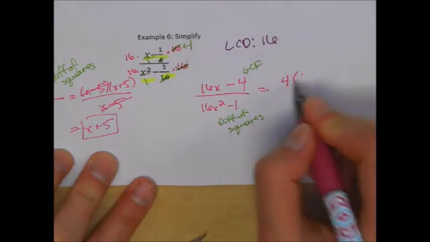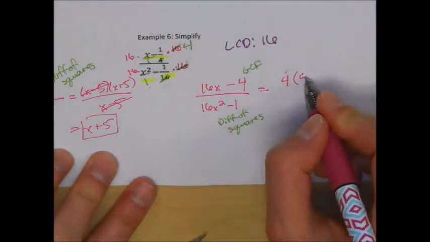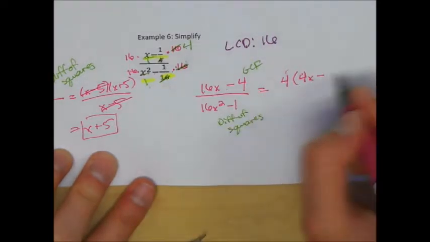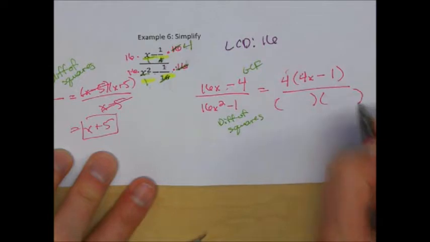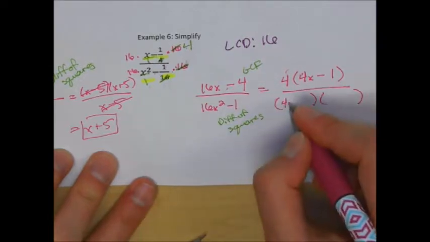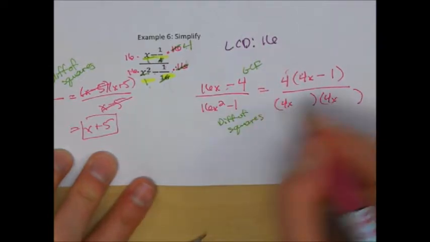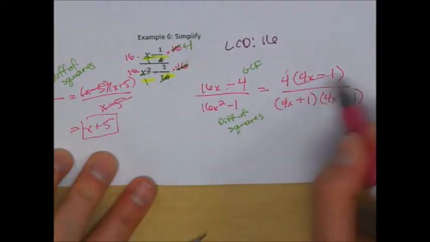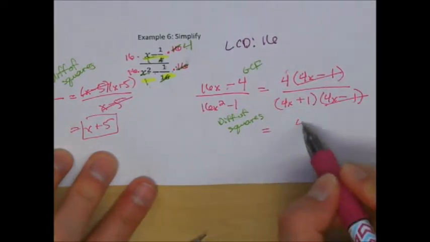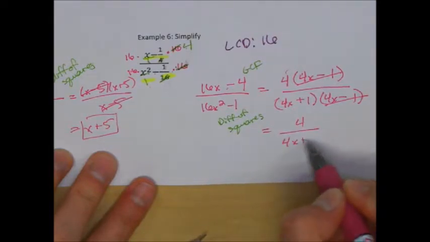So I'm going to get 4x minus 4 divided by 4 is 1. Difference of squares. Square root of 16x squared, that's 4x and 4x. Square root of 1, 1 and 1, 1 plus, 1 minus. These divide out, so I'm left with 4 over 4x plus 1.